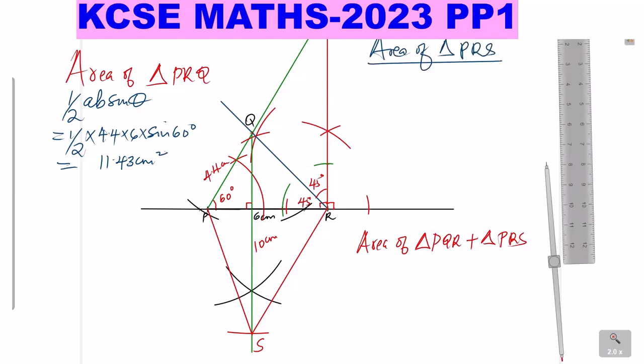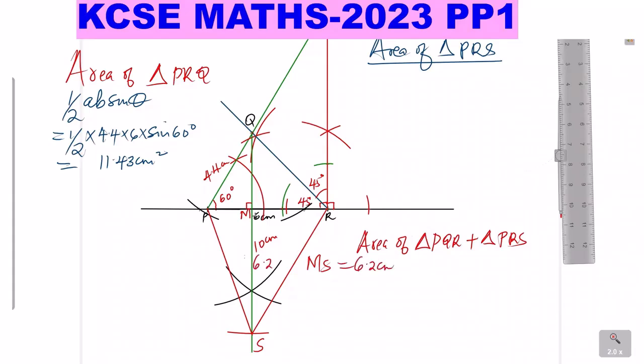Now let us get the area of triangle PRS. For PRS, we don't have any angle, but we have the base. We can use PR as the base, which is 6, and then the height, we use this one. So we take this measurement. We can mark this point as M. So this height is MS. Let me take that measurement, MS. So MS is 6.2 centimeters.